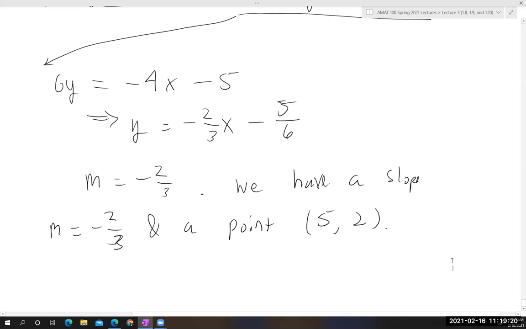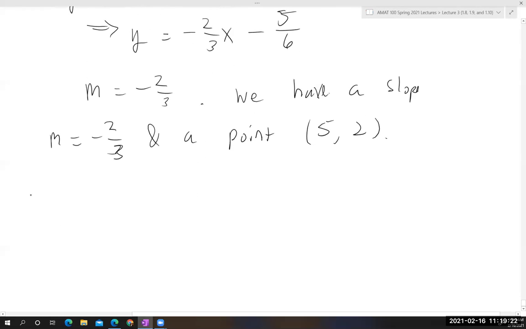Now let's do example 9, which is about perpendicular lines.